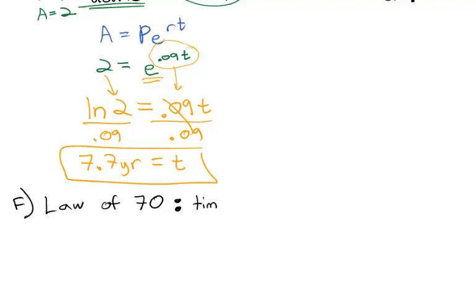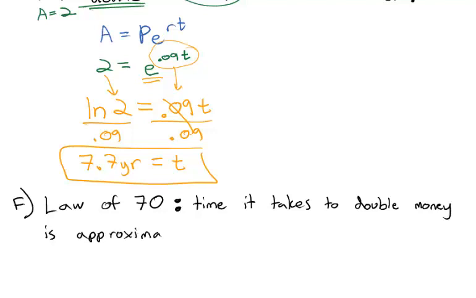The time it takes to double your money is approximately, and again, this is an approximation, it's going to be close, not exactly correct, 70 divided by the interest percent.